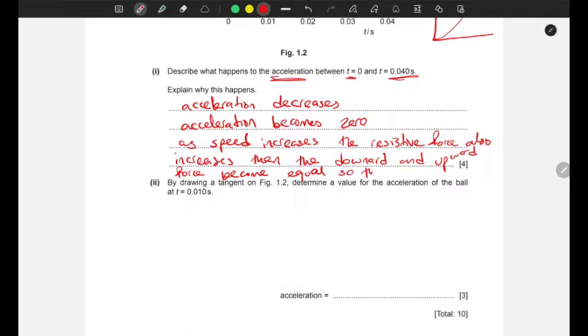So the resultant force becomes zero. And then the object reaches terminal velocity.